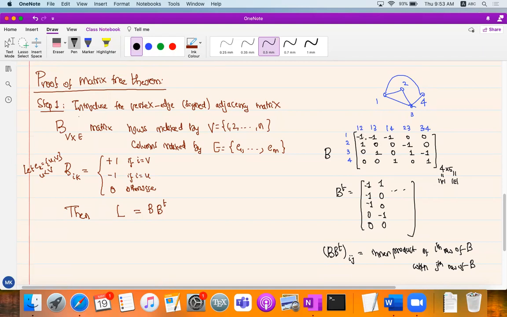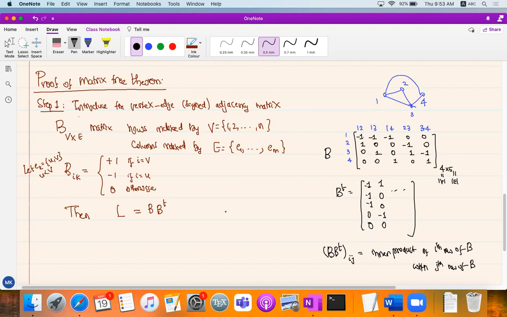If you look at 1 and 3, they share the fourth column, with a -1 and 1, but everywhere else we get 0. So when you take the inner product, you get -1. 1 and 4 similarly: you get a -1 times 1, but all the other products are 0.